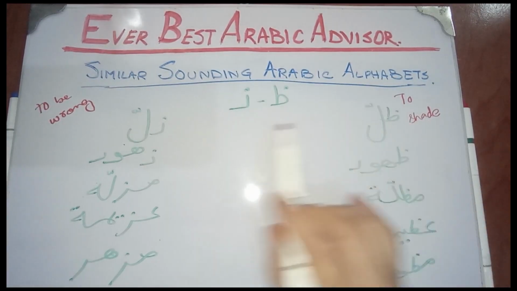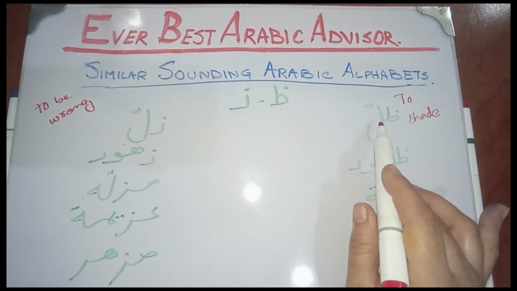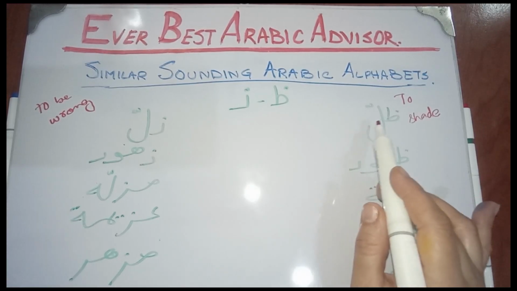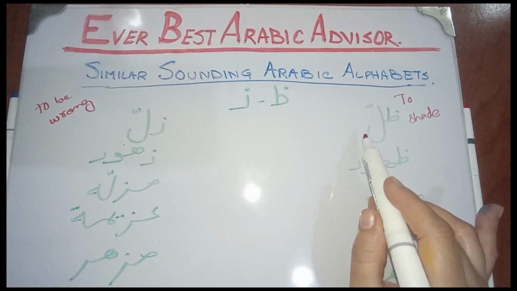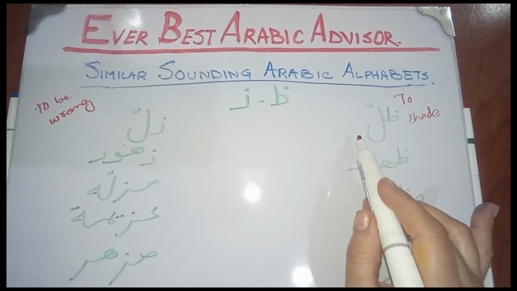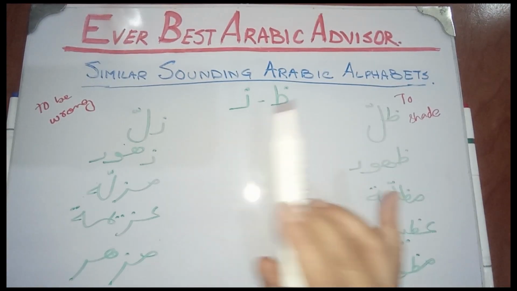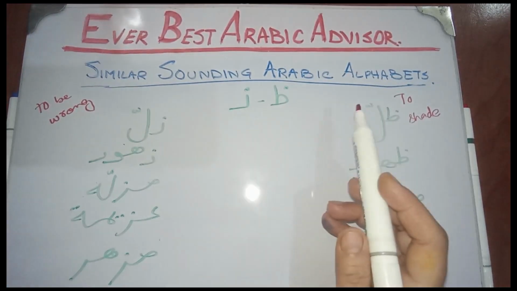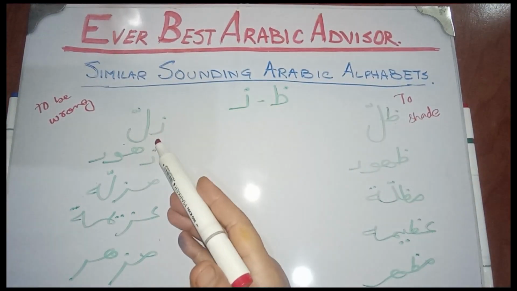So just by converting the letter from one to the other, the meaning of the word quite changes. So we have to learn to differentiate between them, and also while speaking Arabic you have to be an expert at it, otherwise you may confuse the words and you want to say something but you're actually saying something else.